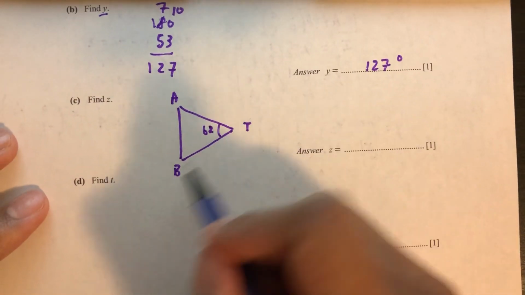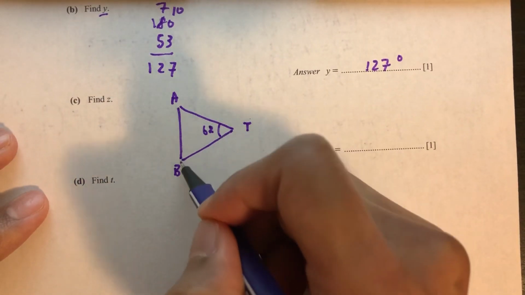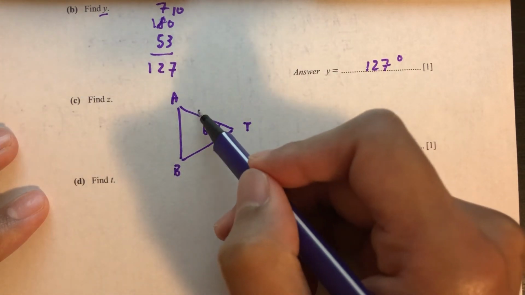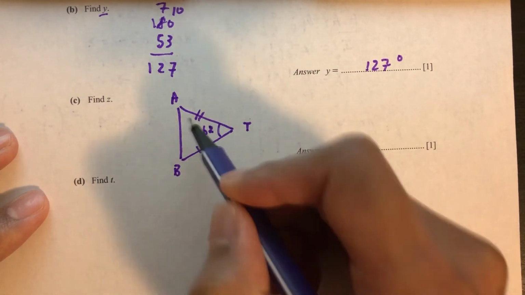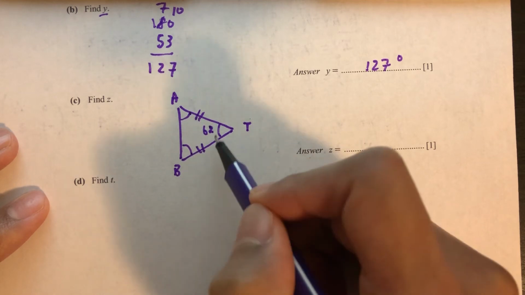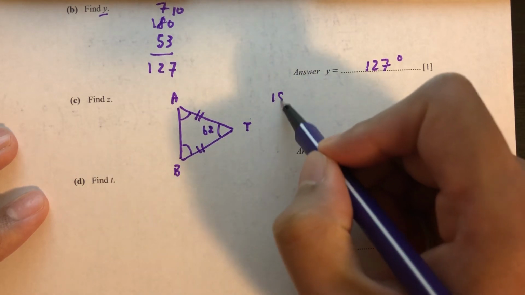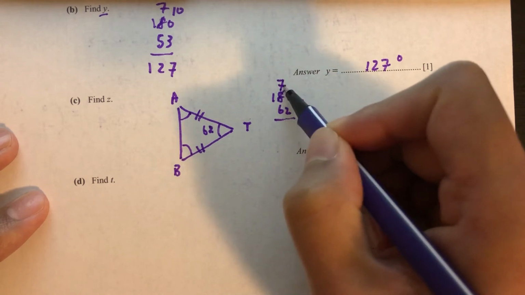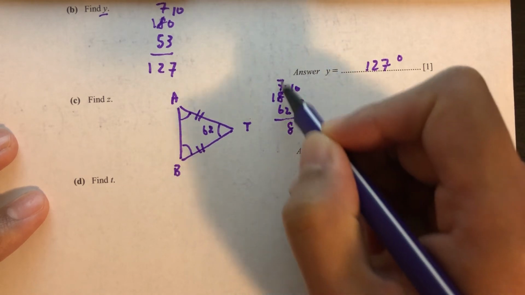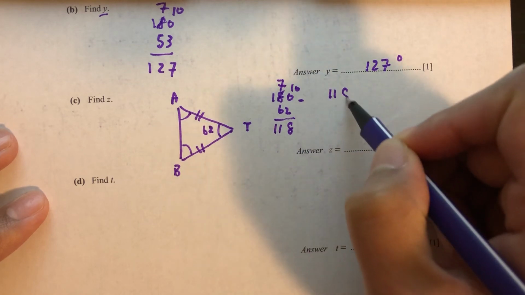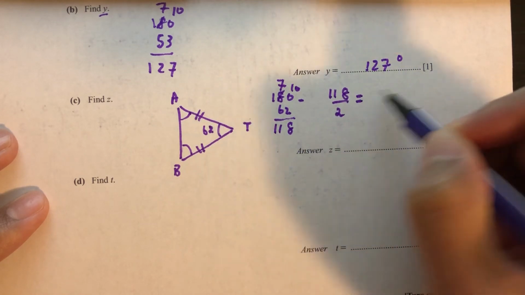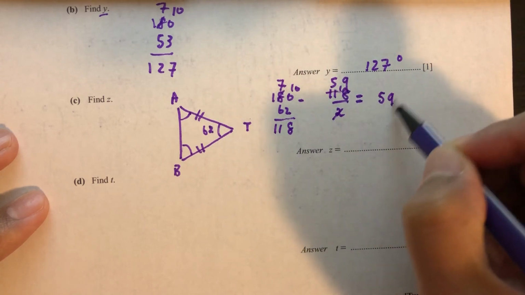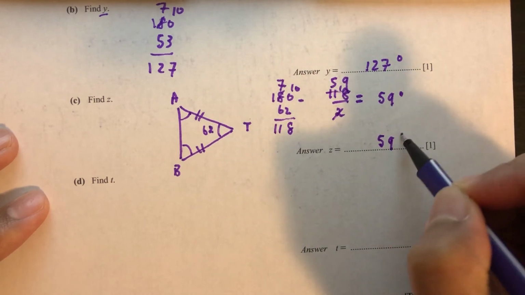Because they are tangents that touch the same chord and meet at the same point, these two sides are equal. So these two angles will be equal as well. So we have 180 minus 62, it will be 118. So 118 divided by 2 is 59. 59 will be the answer for angle z.